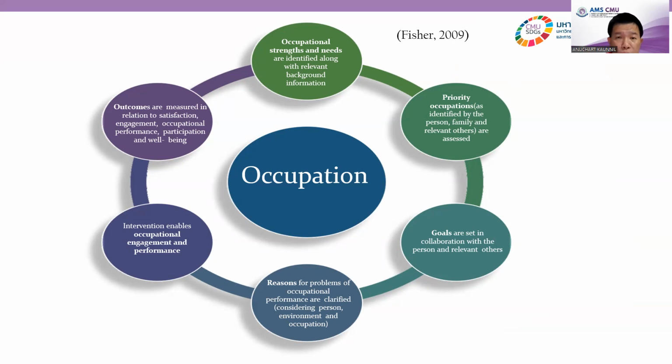Some occupational performance they cannot do needs to be clarified. Consider the person and environment; maybe we change, adapt, or compensate the environment, and the client can do it or not. And what is the challenging occupation to deliver for the client?